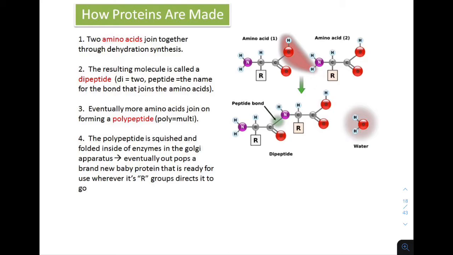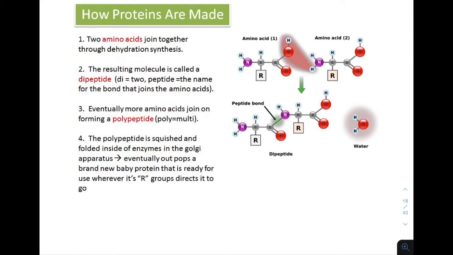For proteins, the building block of the protein is the amino acid. An amino acid is one piece, one monomer, one building block. And if we add more and more and more of them together, we get different names of things.